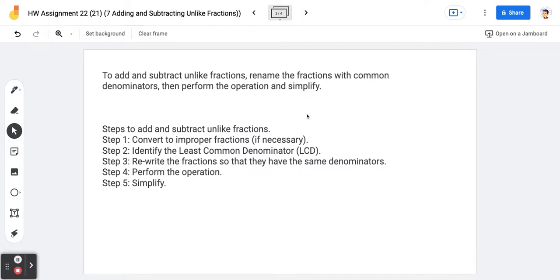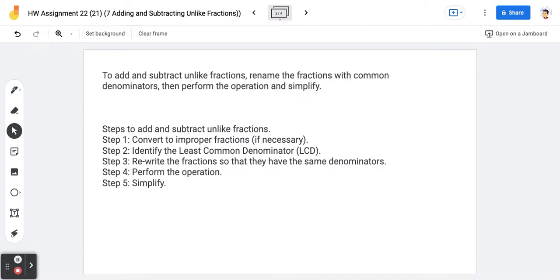Here are the steps we're going to follow. To add and subtract unlike fractions, we're going to rename fractions with common denominators, then perform the operations and simplify. Step 1, we're going to convert to improper fractions if necessary. So if we have a mixed number, we're going to convert it to an improper fraction. Step 2, we're going to identify the least common denominator.